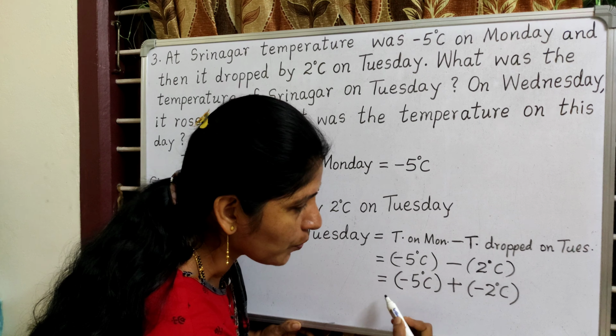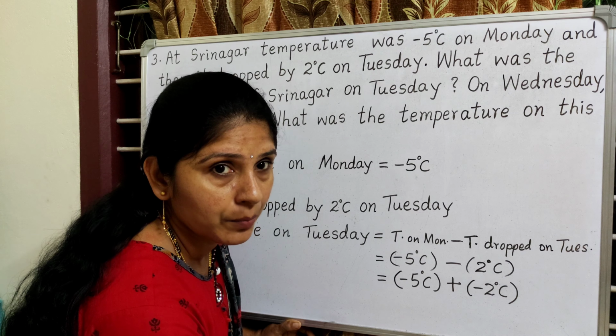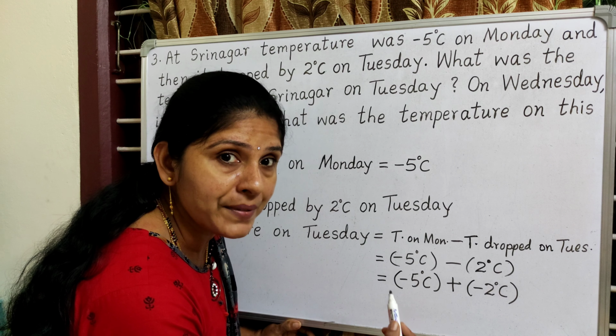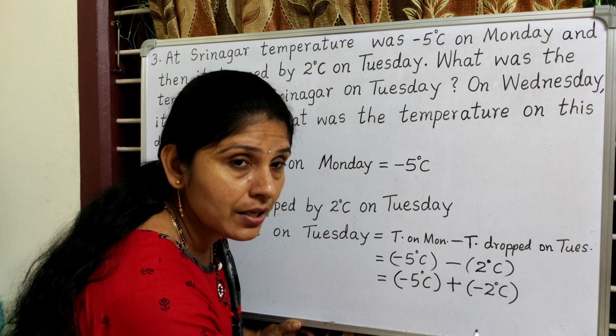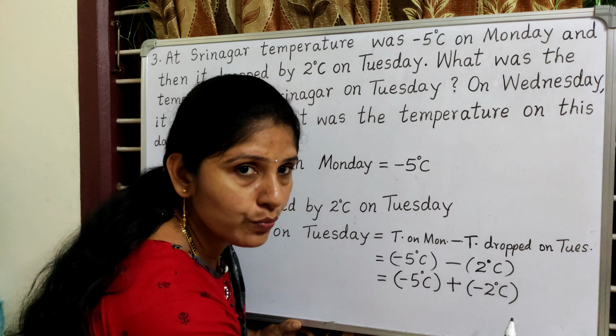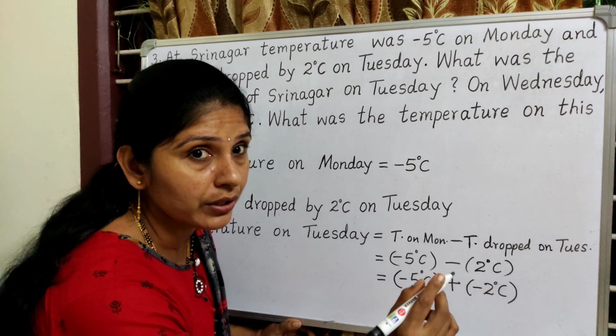After changing the operation, observe the numbers. Both the numbers are negative numbers. Both the numbers got same sign. So according to the addition of integers, we have to add their absolute values and we have to keep the same sign in the answer. So the absolute value of minus 5 is 5.